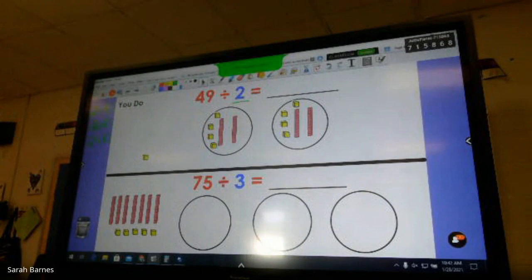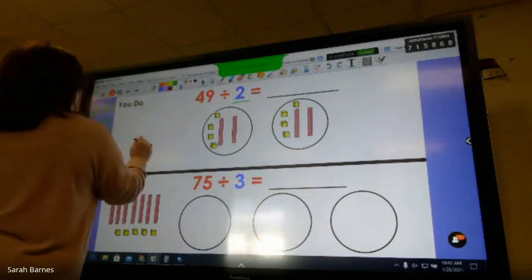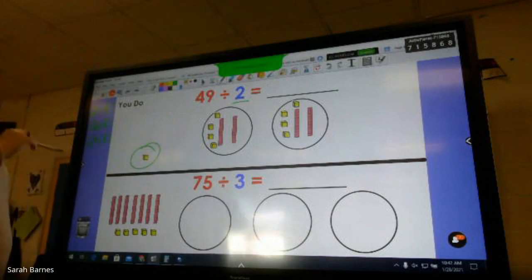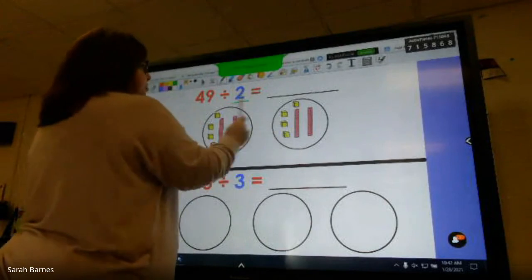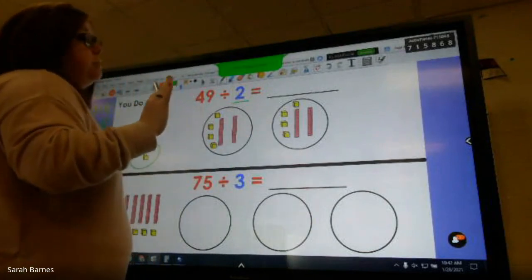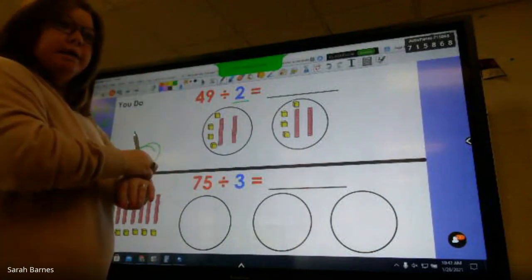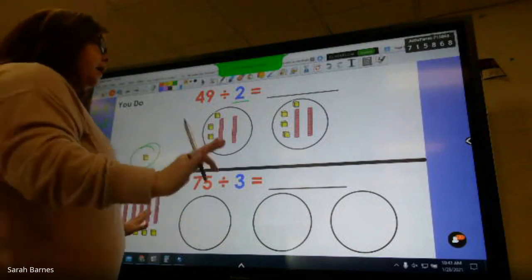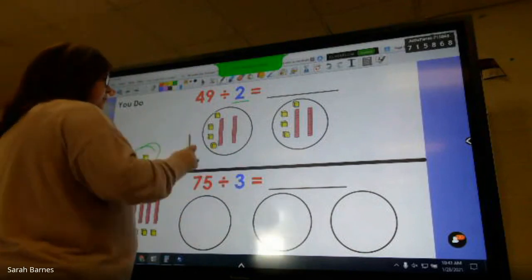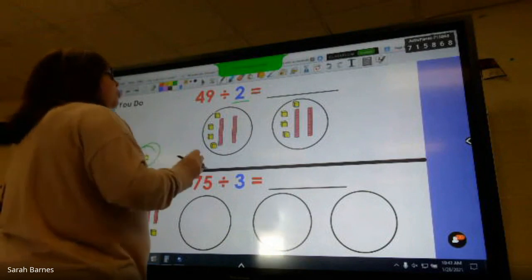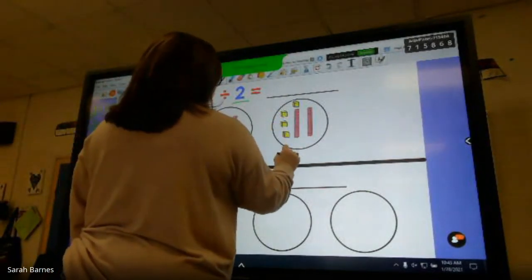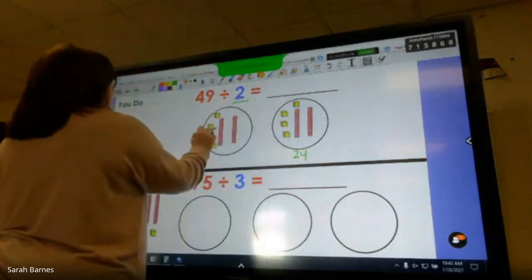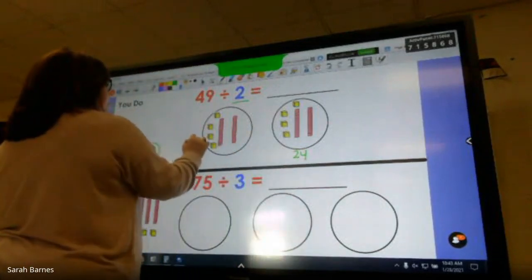Okay, so I have how many left over? 1. So let me count in my circles and make sure they're even, because we all know that people make mistakes and we need to recount and make sure everything has to be even, has to be shared, fair, and square. 10, 20, 1, 2, 3, 4. So 24 and 10, 20, 1, 2, 3, 4.